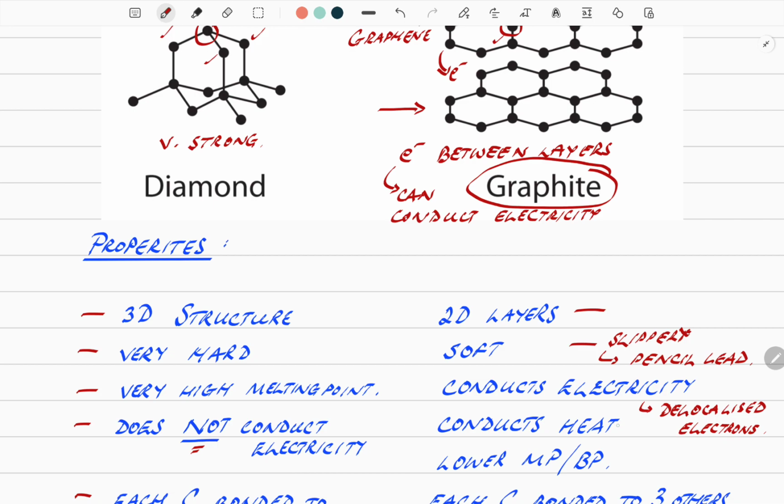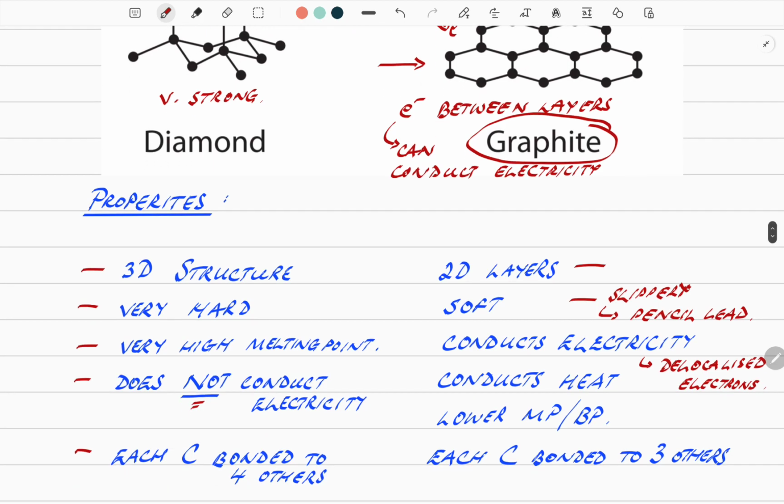It also can conduct heat very well. The structure is not so rigid that it can't vibrate, so it can conduct heat, and it has a lower melting and boiling point than diamond. And remember, each carbon is bonded to 3 others, as opposed to diamond, which was bonded to 4. So those are the main properties of diamond and graphite.